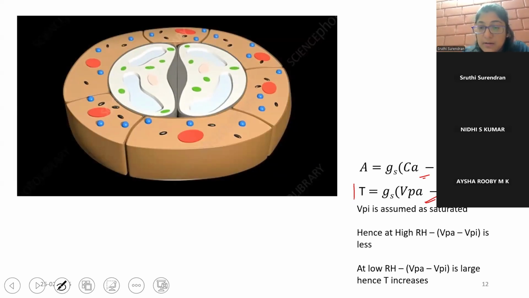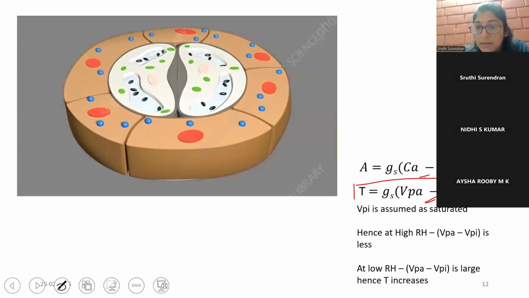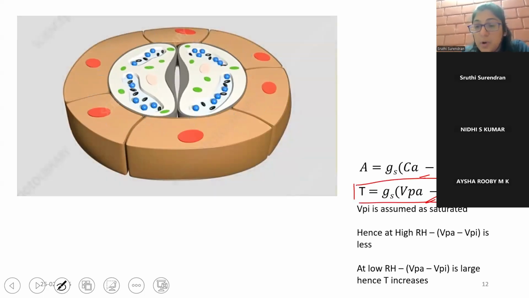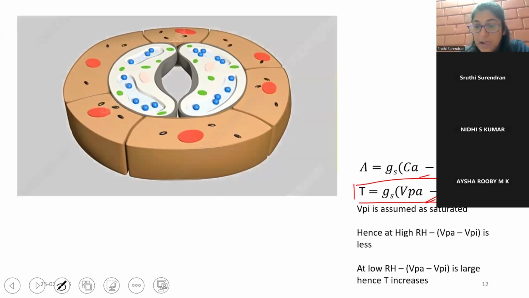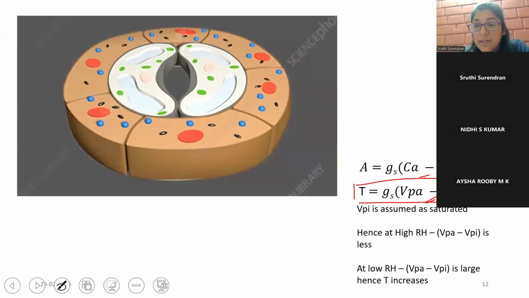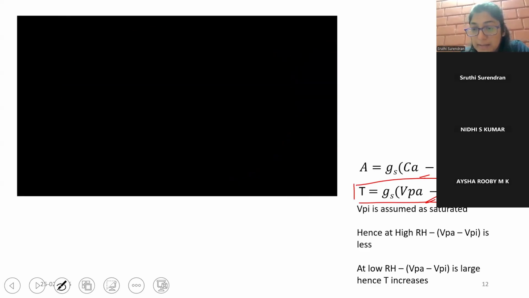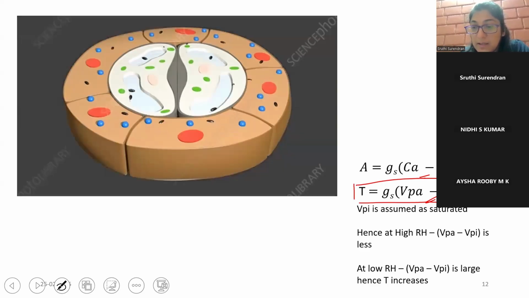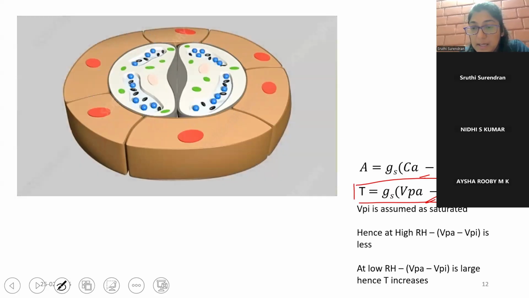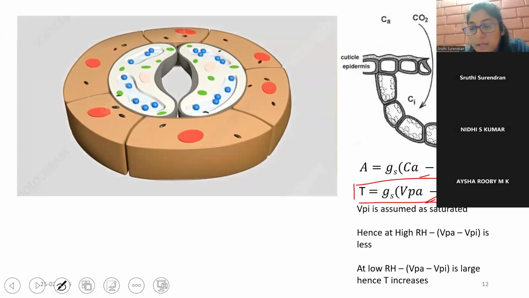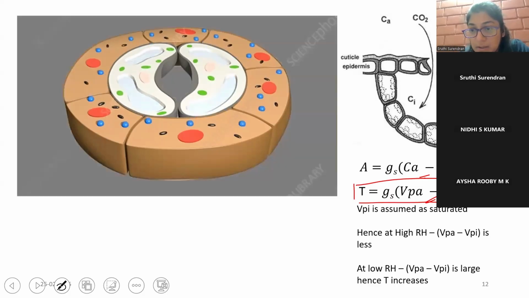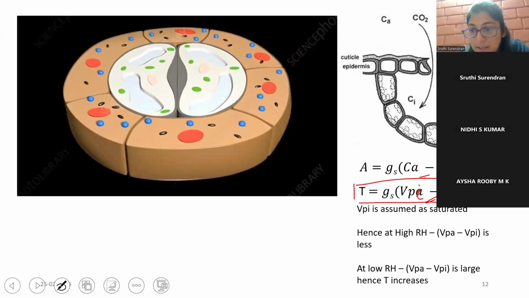Transpiration rate is given in this form: transpiration is a product of the stomatal conductance and the vapor pressure deficit. So, if the transpiration is high, we can say that VPD is high. VPD is nothing but VPi minus VPa.